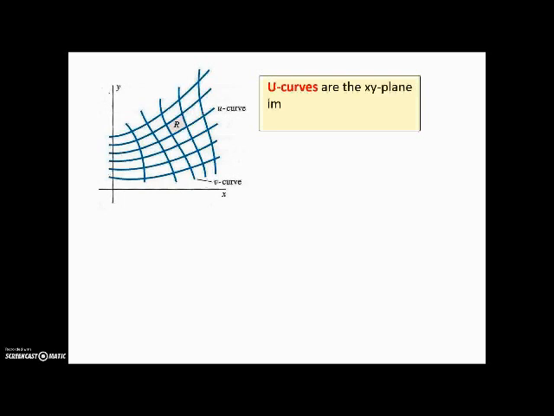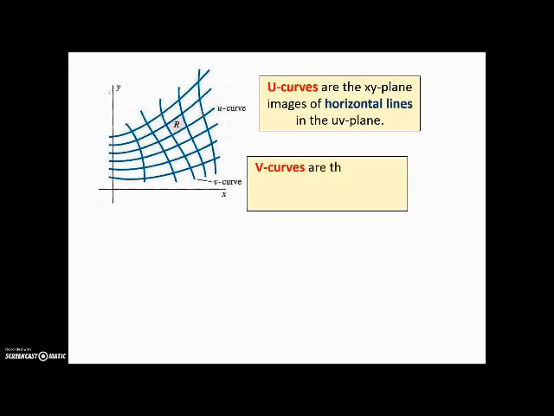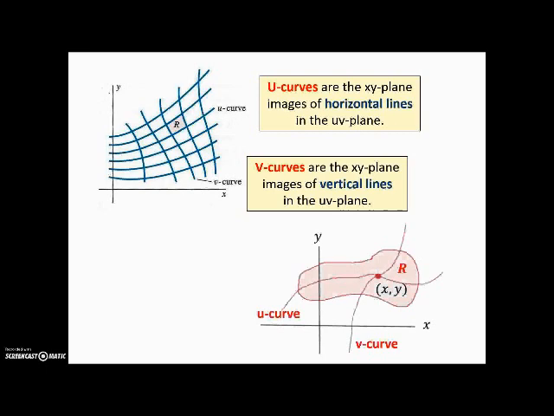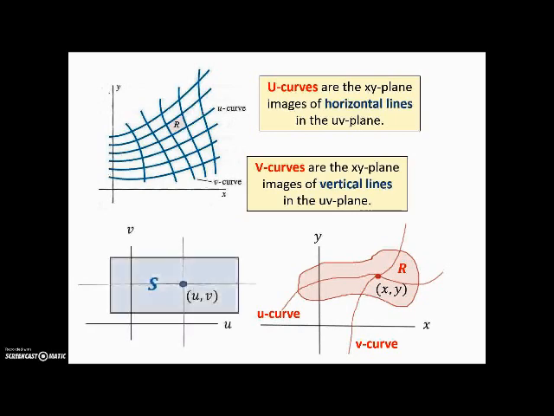The u curves in the xy plane are images of horizontal lines in the uv plane, usually. And the v curves are the xy plane images of vertical lines in the uv plane. Here's a picture of a not-so-nice region on the xy plane with a u curve and a v curve going to a particular point xy.